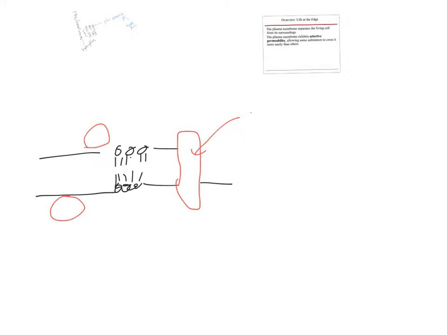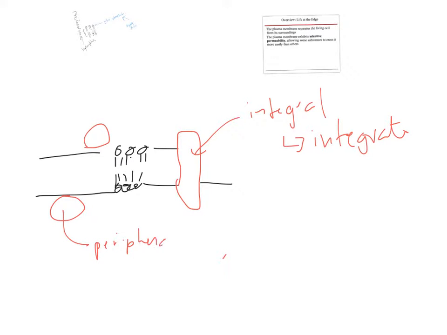Really, they are integral proteins, meaning that they are integrated across both regions, right? Both the hydrophilic and the hydrophobic regions. They span the membrane. These other proteins that are either on the inside or the outside, these are peripheral proteins. Peripheral.